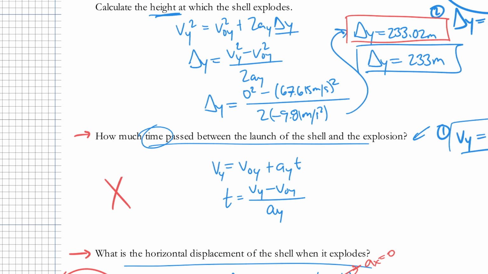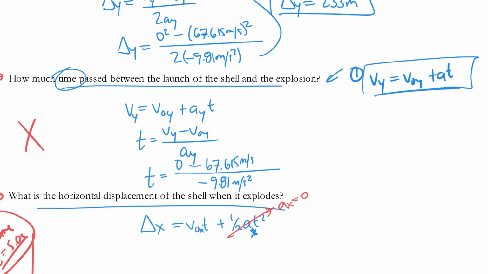Again, be very careful with the signs here. I can't stress that enough. The final velocity is 0 minus the initial velocity, 67.615 meters per second, divided by Ay, which is negative 9.81 meters per second squared. If you somehow get a negative sign there, you've done something wrong. So let's go back and check your work.